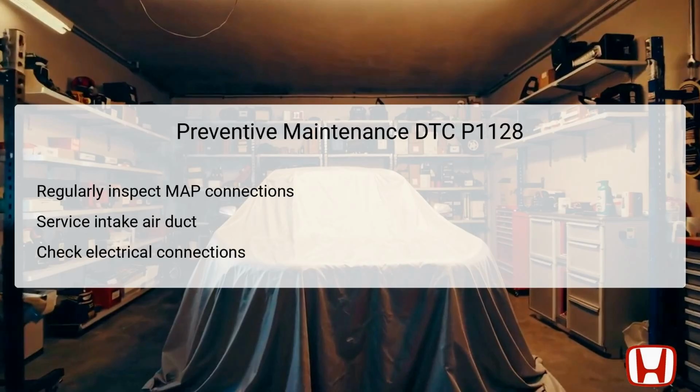Also, routinely checking the integrity of all electrical connections linked to the MAP sensor ensures that the system can relay accurate data to the ECM. Adopting these preventive measures significantly aids in promoting engine efficiency and prevents unnecessary repairs and codes from arising.